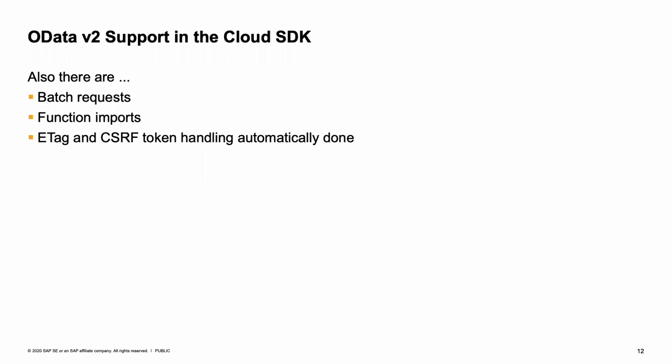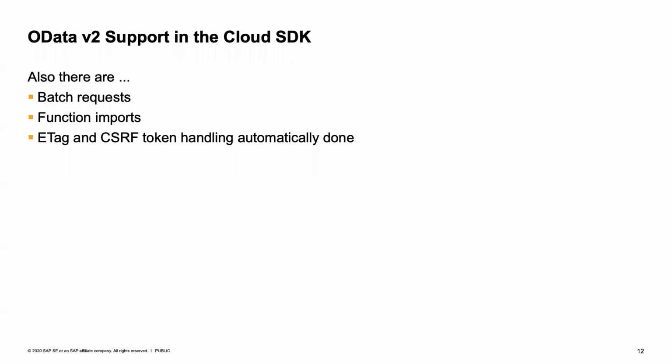There's also more. For instance, batch requests are supported, function imports, and also things that are commonly required like e-tags, so sending a version identifier, and also CSRF token handling, which is a security measure, is handled by the SDK automatically within OData v2.